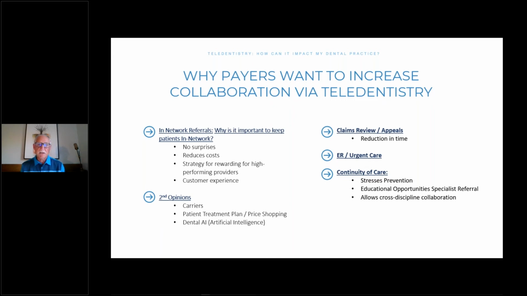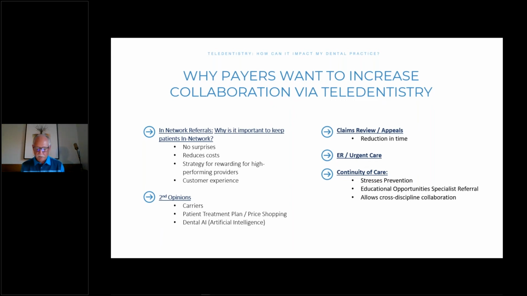Patients can check in on a quarterly basis with the hygienist to see that they're maintaining their oral health. Educational opportunities. The dentist can provide a video to the patient and say, this is what's going to happen if your condition remains untreated. Or, please read this about your condition, especially because you're diabetic. Specialist referrals.